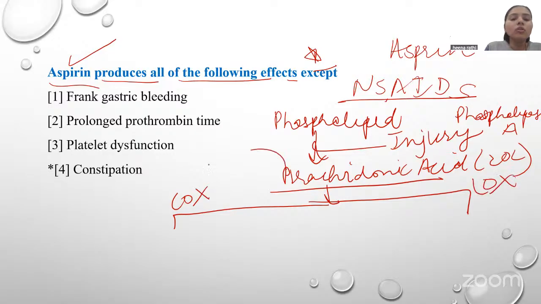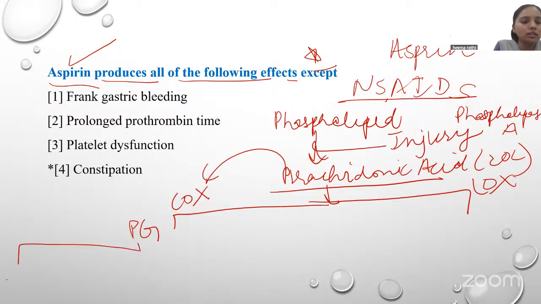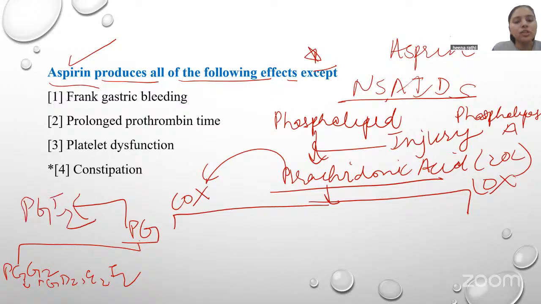When arachidonic acid works on the cyclooxygenase enzyme, it is going to increase prostaglandin secretion. This prostaglandin is further PGG2, and D2, E2, F2 type. This prostaglandin can be prostacyclin, PGI2 also, when stimulated by the isomerase enzyme.